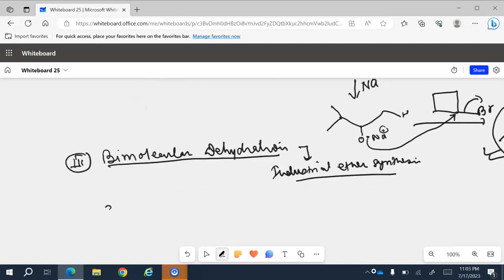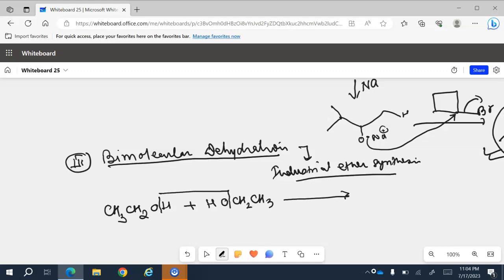In this method, bimolecular dehydration means, suppose you have two molecules of ethanol. I will write it this way here, CH3CH2OH, CH3CH2OH. If we do the dehydration, you remove a water molecule.